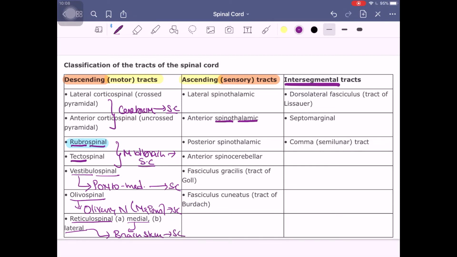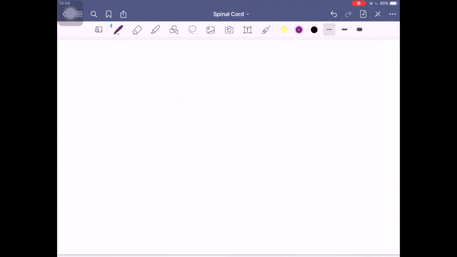So these are your descending tracts, which start from one point and go to the other point. Now ascending tracts are the ones which go from the spinal cord upward. Like spinothalamic, this starts from the spinal cord. Whenever any ascending tract is there, we know that it starts from the spinal cord.